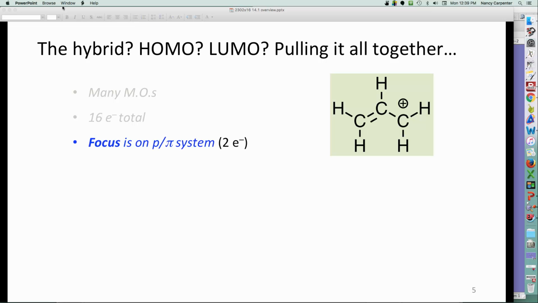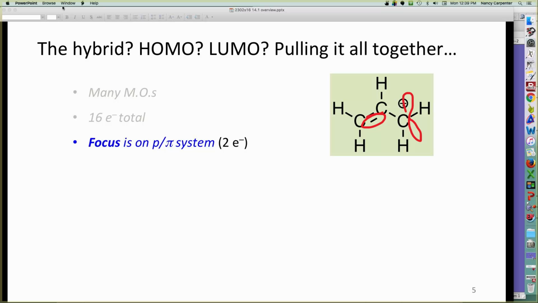Well, the good news is we get to ignore most of those molecular orbitals and ignore most of those electrons because we're only interested in the pi system. Okay? We're only interested in the system that involves those three adjacent p orbitals.